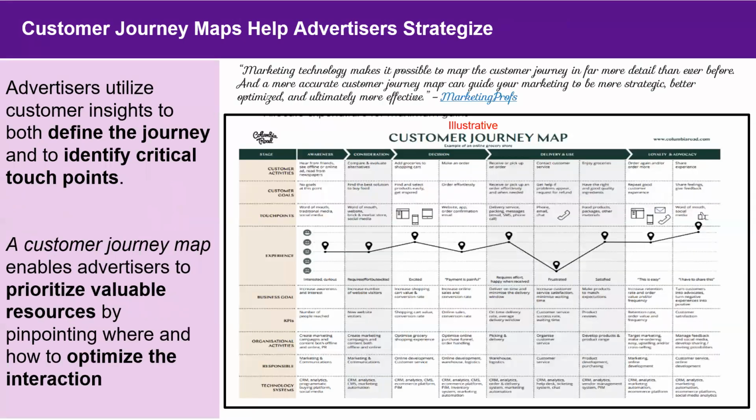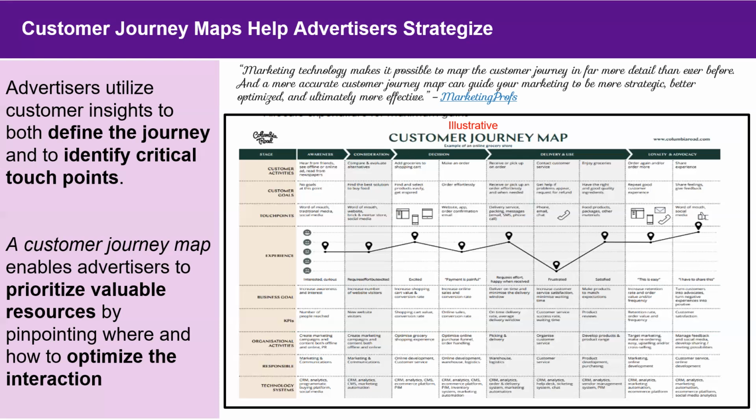So we should be thinking of them as a tool. They're a strategic tool. You know, they are used to not only define the journey, you have a nice example here of what one might look like, but of course, within each of the phases, we're looking for critical touch points, critical inflection points where marketing, advertising, or even a product innovation could be influential because we've identified a pain point or a gap that could be solved by our brand.